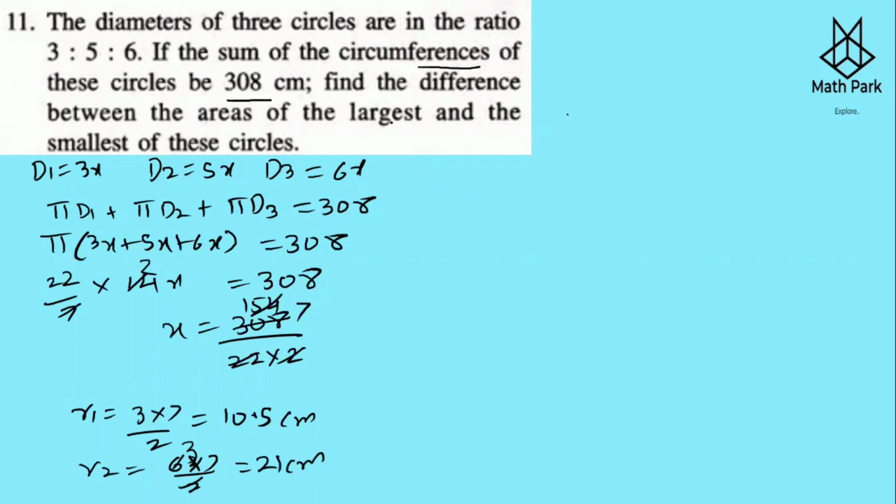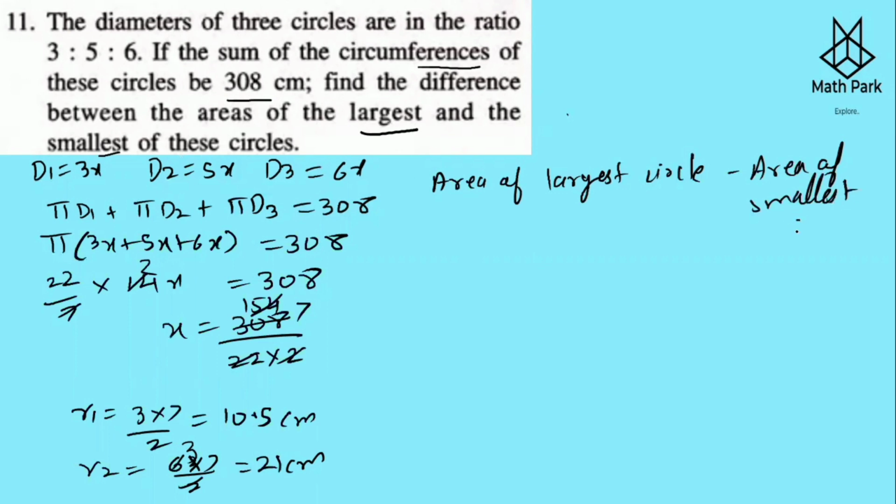Now we are asked to find the difference between the areas of the largest and the smallest. So area of largest circle minus area of smallest circle. The area of the largest circle is pi r square, so that is 22 by 7 and the radius 21.